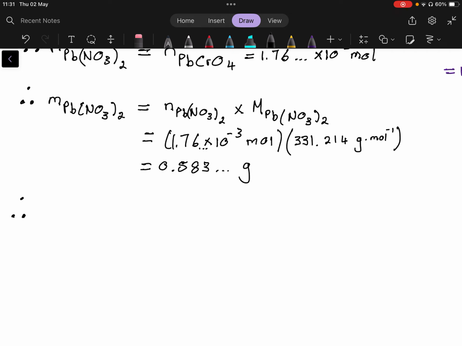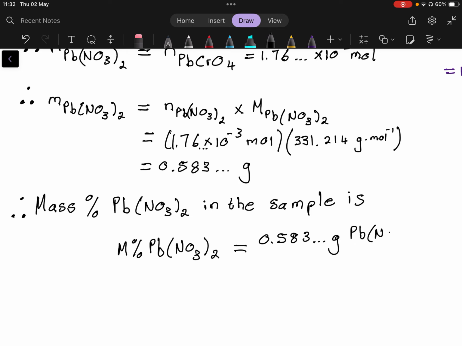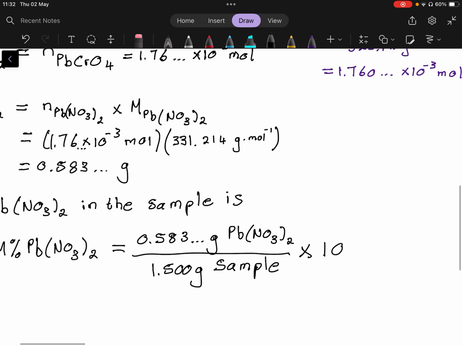So therefore, the mass percentage of lead nitrate in the sample is equal to the mass, so 0.583 gram lead nitrate divided by 1.500 gram sample, and then we multiply that, of course, by 100%.